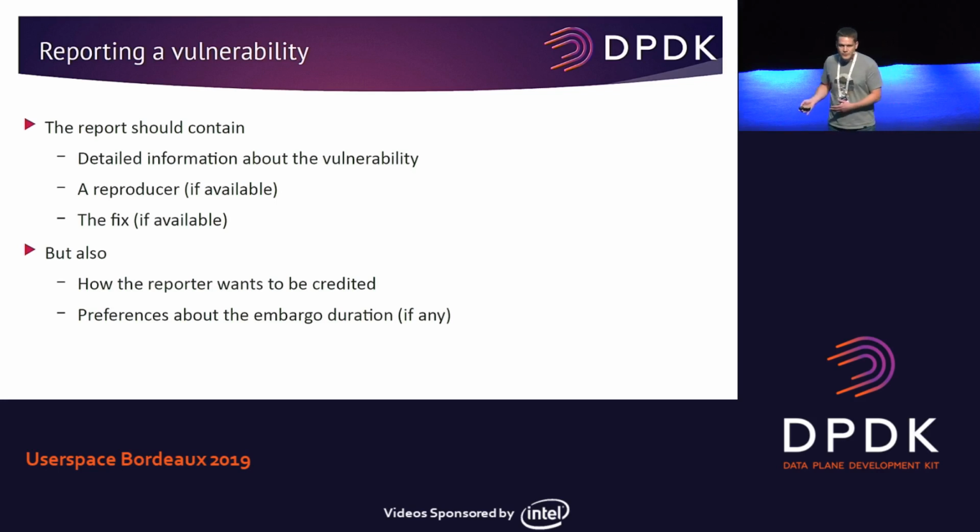Some people don't want to be credited, or it was found by a team and multiple people should be credited. And if you have any preference on the embargo, for example, if you want the embargo not to last more than two months or two weeks, you should specify that in the report, and it will be negotiated later with the security team.